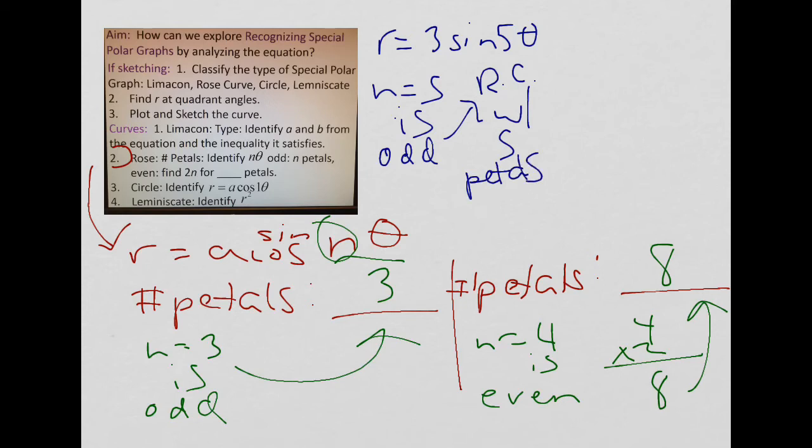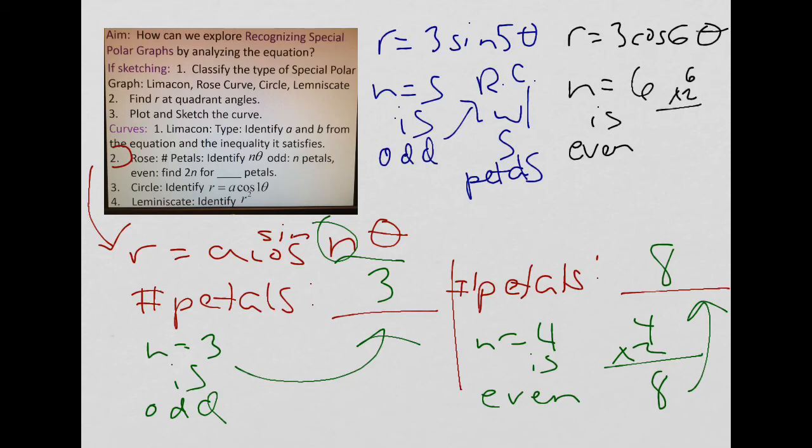Now, if the equation is r equals 3 cosine, again, it doesn't matter if it's sine or cosine, of 6 theta, since n is 6 and it's even, we've got to take the 6, multiply by 2, and we get 12. So we have a rose curve with 12 petals.